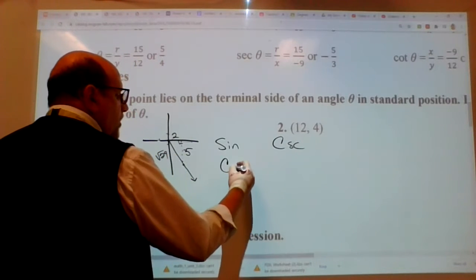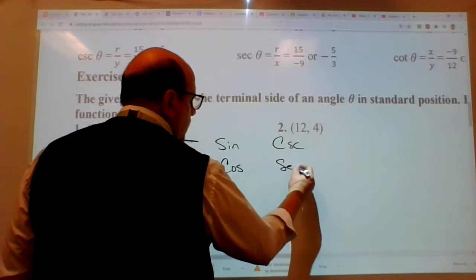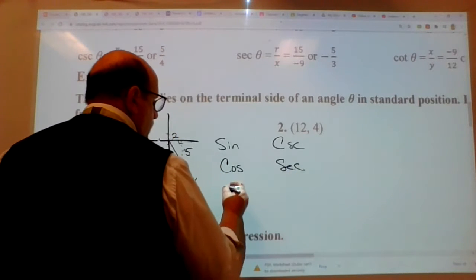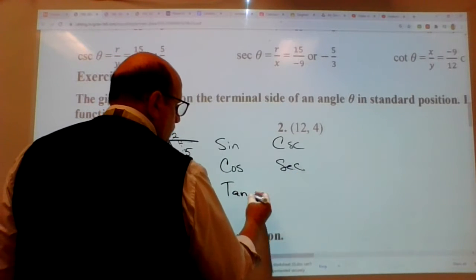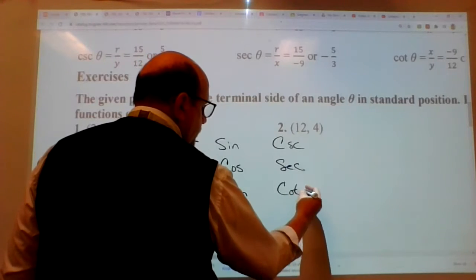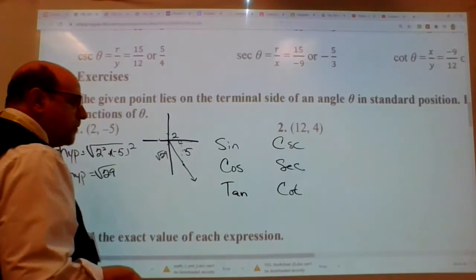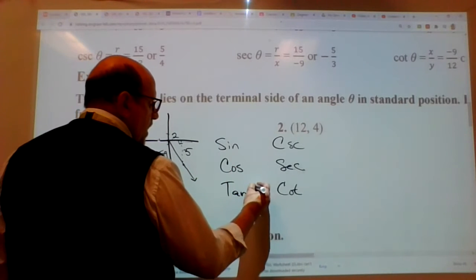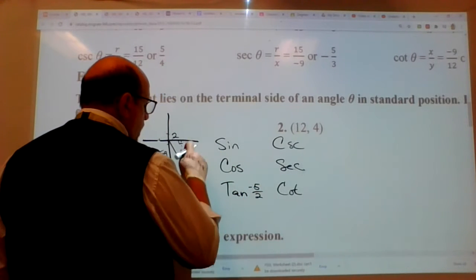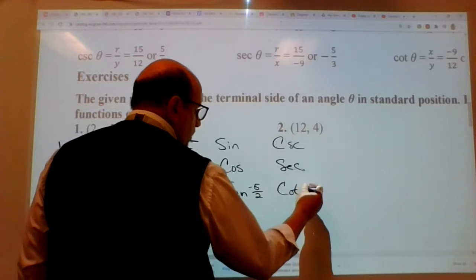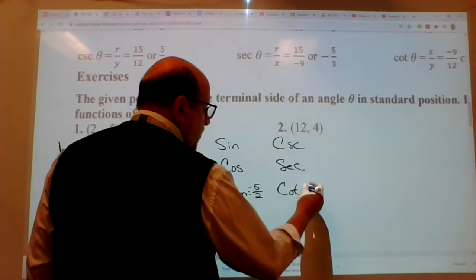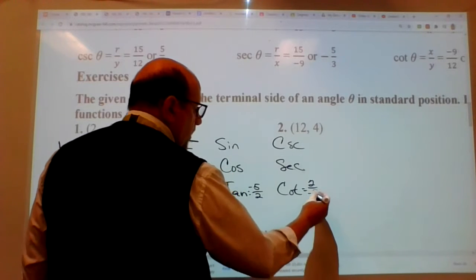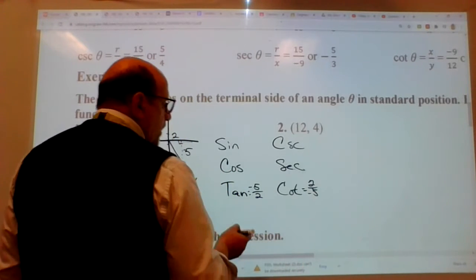I'm going to say cosine, secant, and tan, cotan. These are the easy ones, right? We already had these values, didn't we? -5 over 2, right? Opposite over adjacent. Well, if that's -5 over 2, then this is 2 over -5. Same idea.